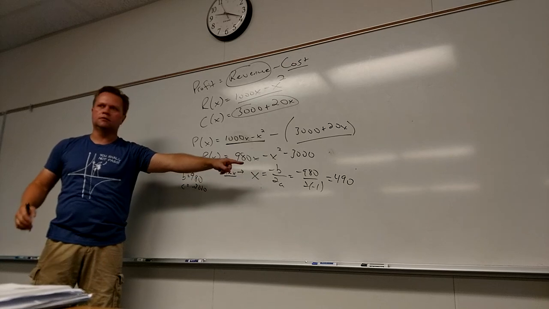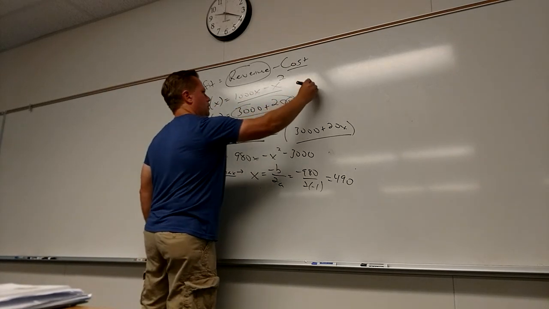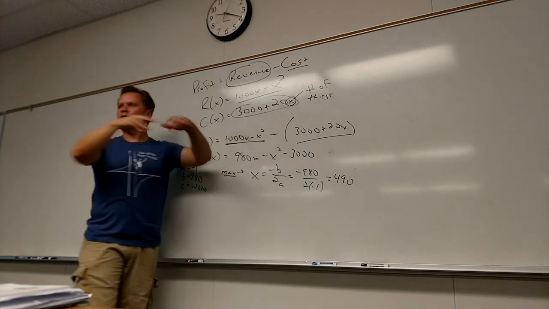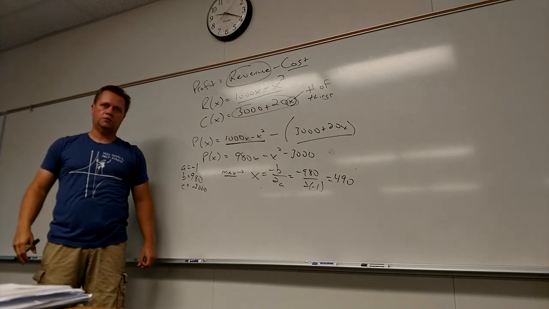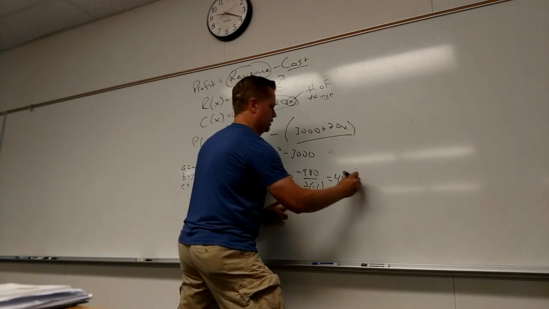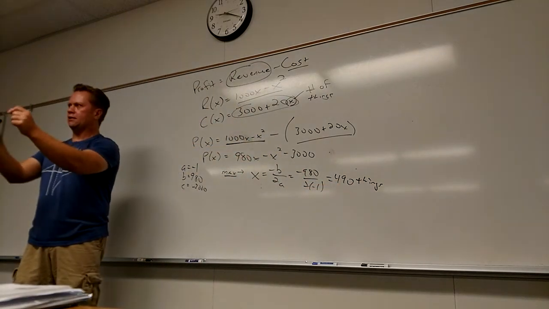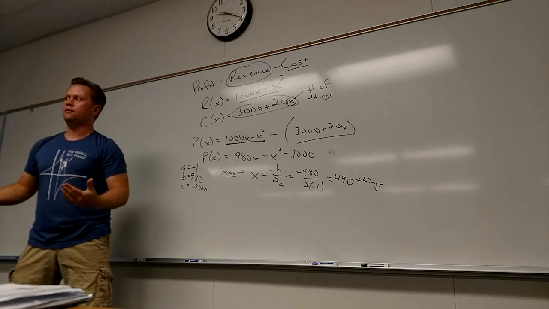What does x mean? The number of things, right? X is the number of things I make. So 490 things. What does that mean? If I make and sell 490 of these things, I'm going to maximize my profit.